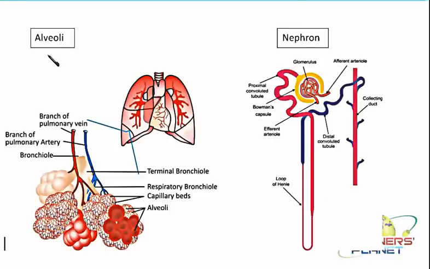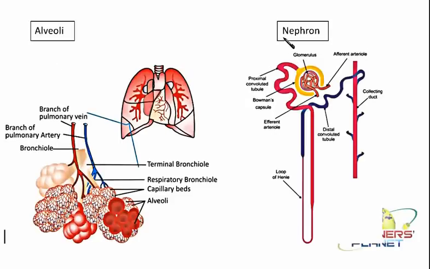See, alveoli is a functional unit of the respiratory system, whereas nephron is a functional unit of the excretory system, right? So basically, these diagrams show the structures. This is the structure of a part of the respiratory system, of course.